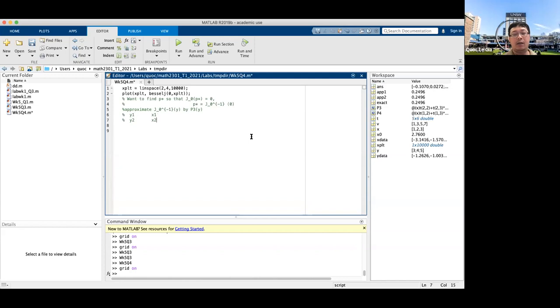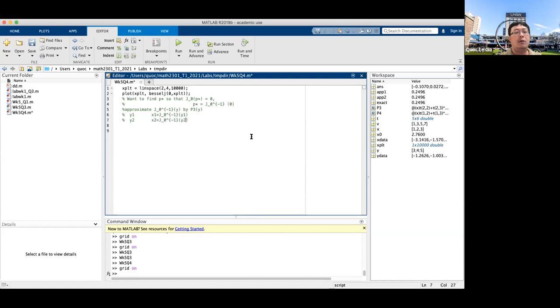So what is the relation between X1 and Y1? Well, remember X1 is just J0 inverse of Y1, because Y1 is just J of X1. In other words, X1 is just J0 inverse of Y1. And similarly here you have J0 inverse of Y2 and so on.